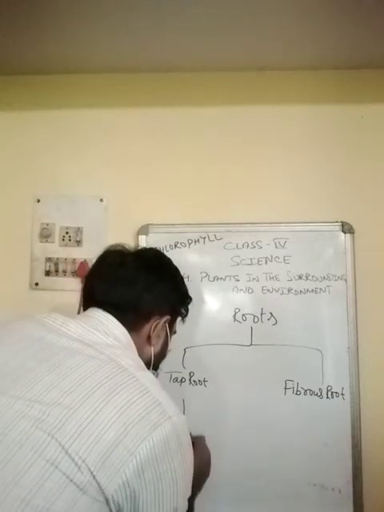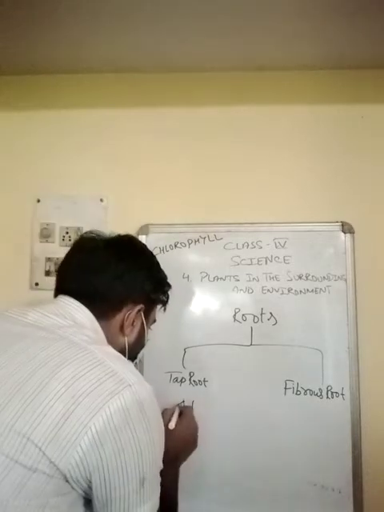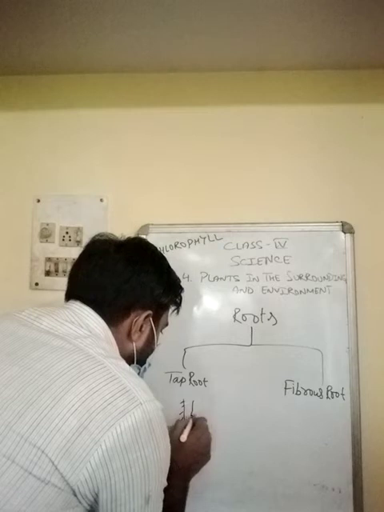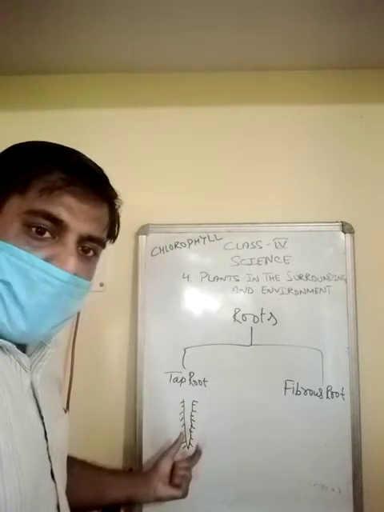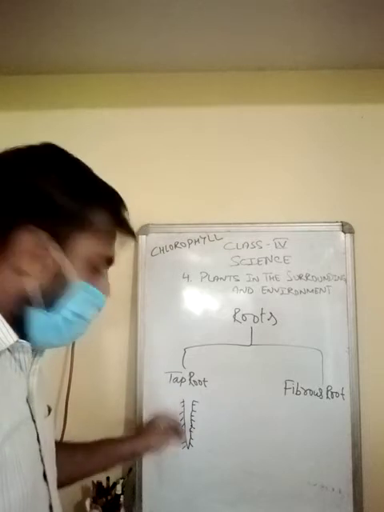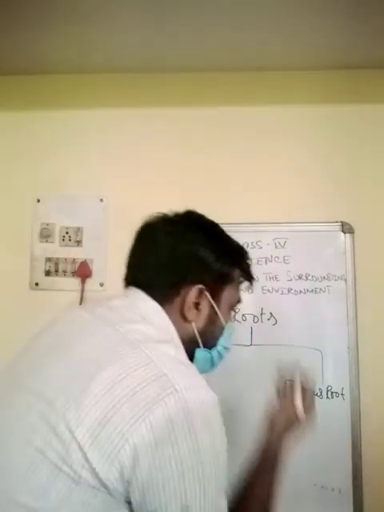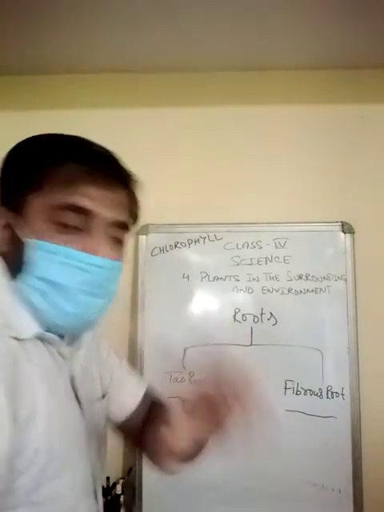Taproot consists of a thick main root with few root hairs. Taproot, it consists of a thick fat main root and few root hairs, whereas fibrous root has no main thick root.